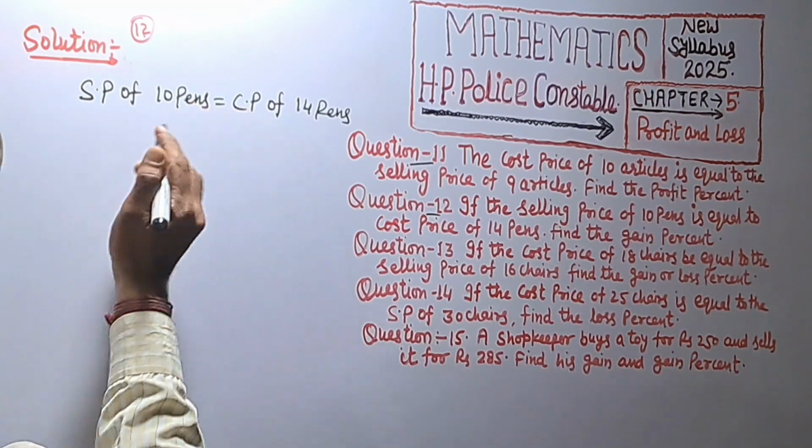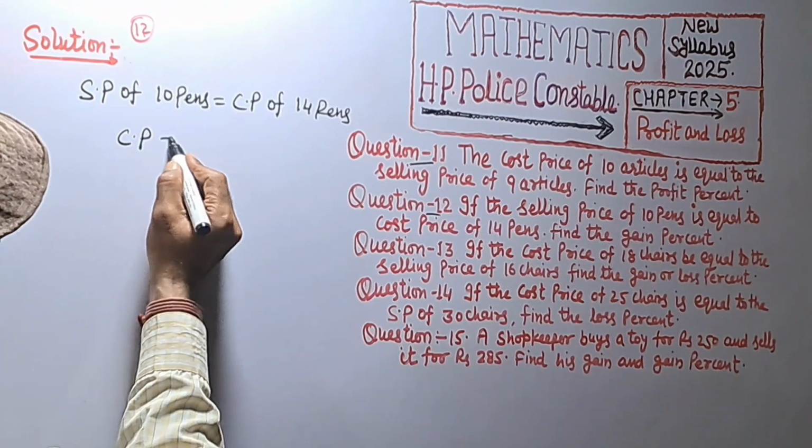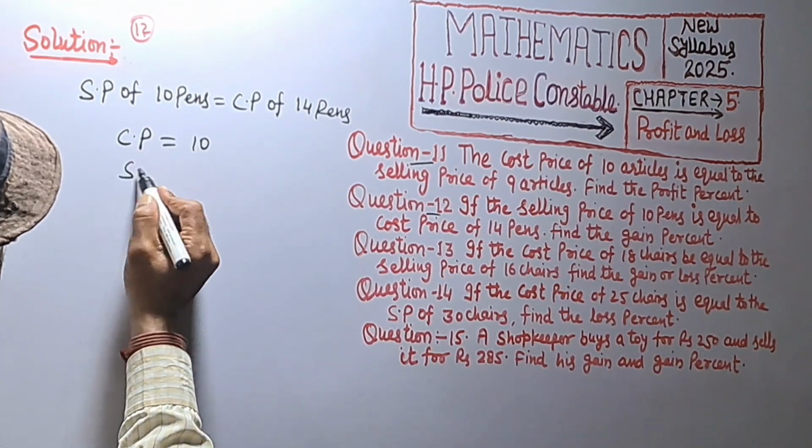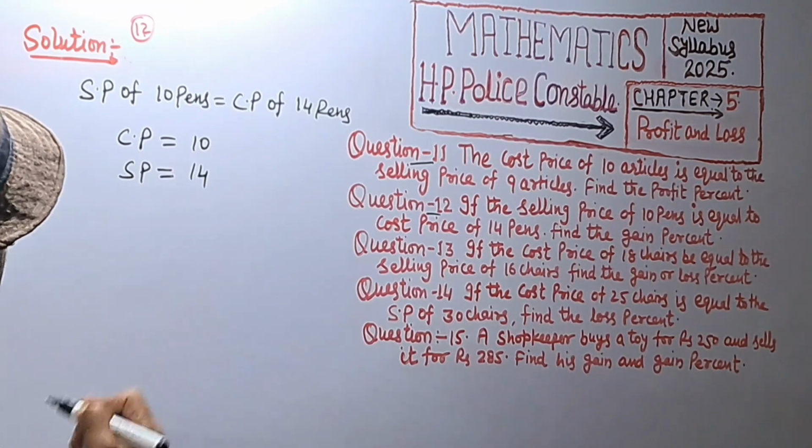Selling price will be cost price and cost price equal to 10 and selling price equal to 14.